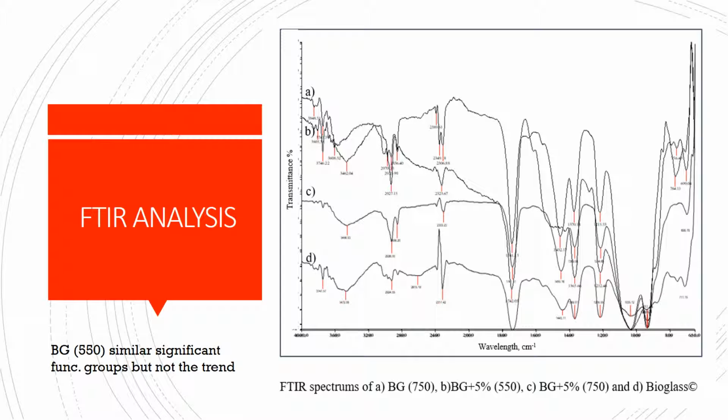Next, for the FTIR analysis, it was observed that the bioglass at 550 degrees Celsius had similar significant functional groups to the bioactive glass at 750 degrees Celsius, but it did not have the same spectrum trend as the other samples: the bioactive glass with 5% CNF at 750 degrees Celsius, the bioactive glass at 750 degrees Celsius, and the commercial bioactive glass.